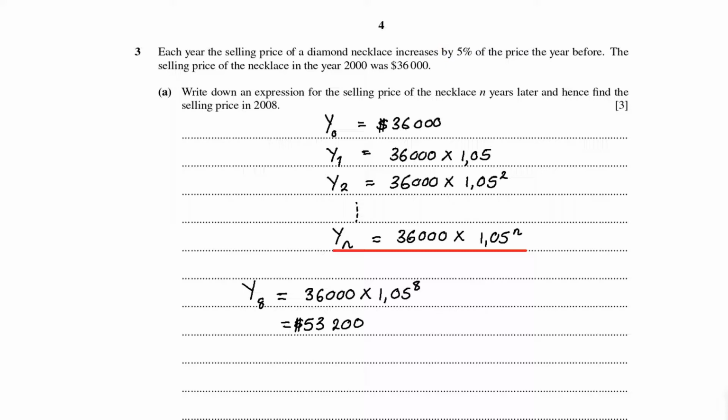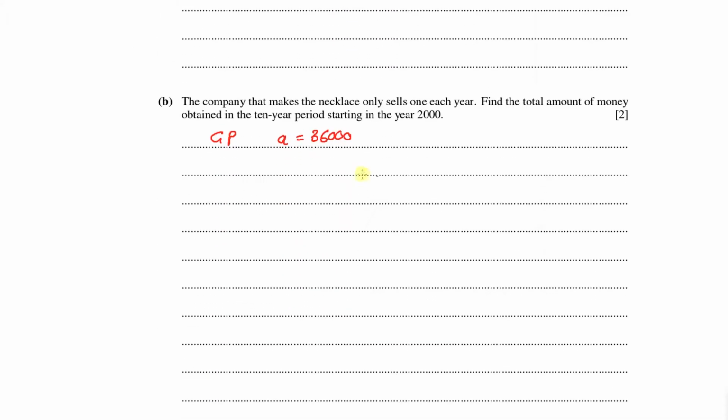And again, R, which is the common ratio, we've been using it as 1.05. So for this GP, geometric progression, R is equal to 1.05. And here we're talking about a 10-year period starting from the year 2000. So it means that N is equal to 10.